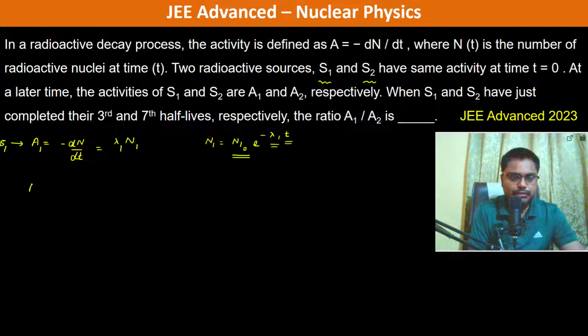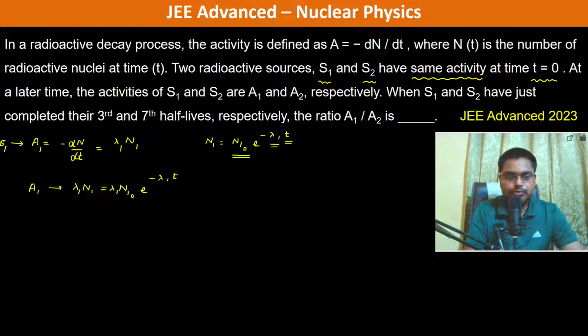So for A1, N1 is equal to N1 naught e to the power minus lambda 1 t, and when we multiply by lambda 1, the decay constant, this becomes lambda 1 N1 naught.